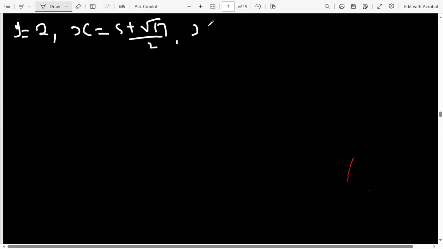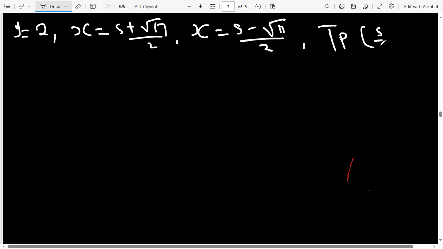Then the other one was x is equal to 5 minus the root of 17 divided by 2. And then we also have the turning point. What was the turning point that we found? Yeah, the turning point was 5 over 2, comma minus 17 over 4. So this is our turning point.